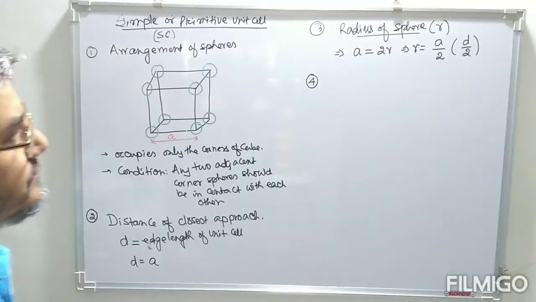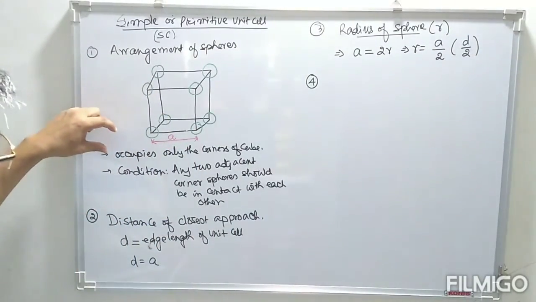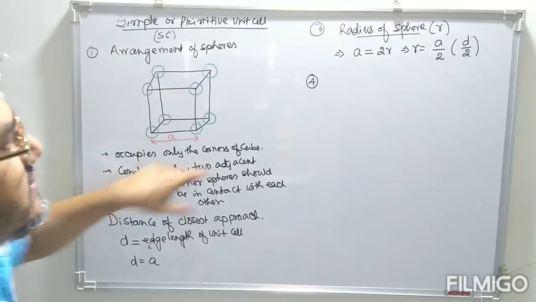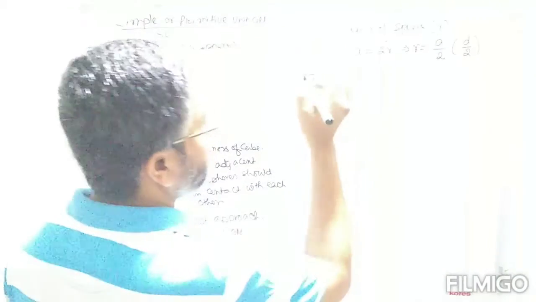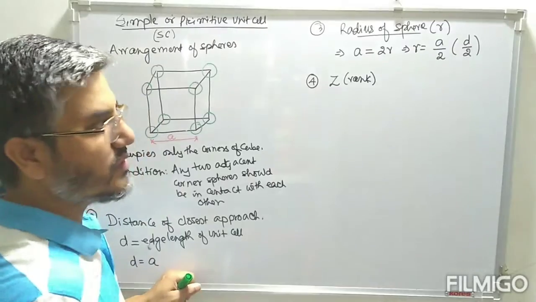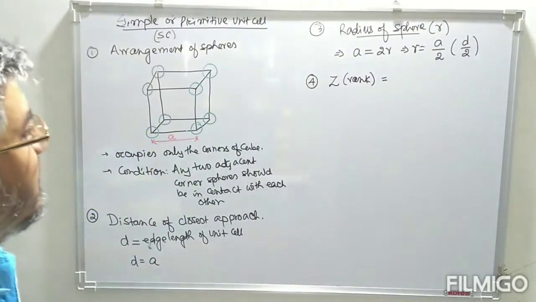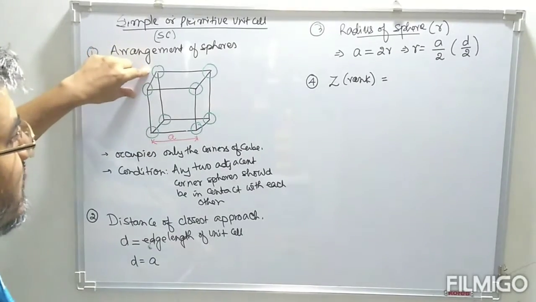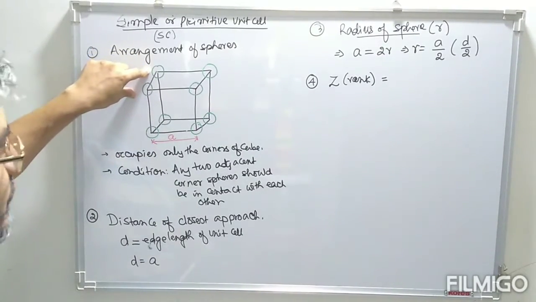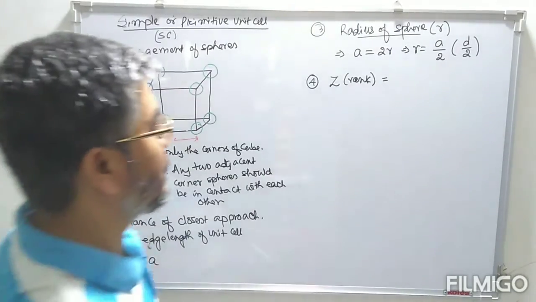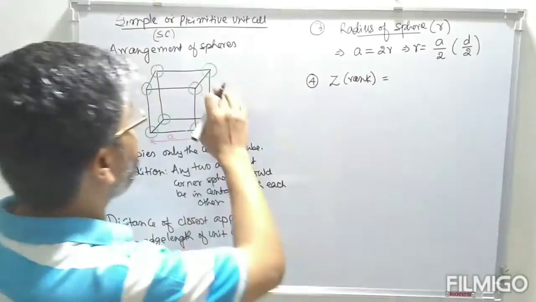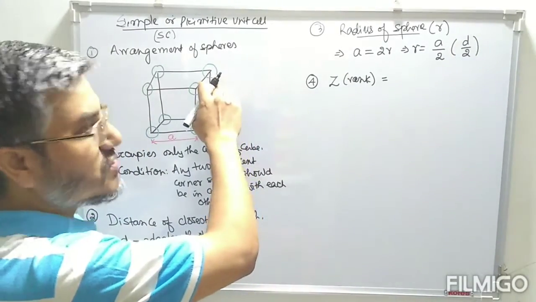Number 4. We have defined the arrangement, closest distance, and radius of sphere. Then this Z, or Z effective, is the effective number of spheres per unit cell. In this unit cell, spheres occupy only the corners of the cube. If the spheres occupy only the corners of the cube, then the contribution of each corner is 1/8.